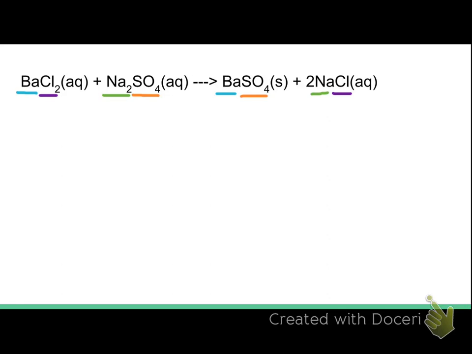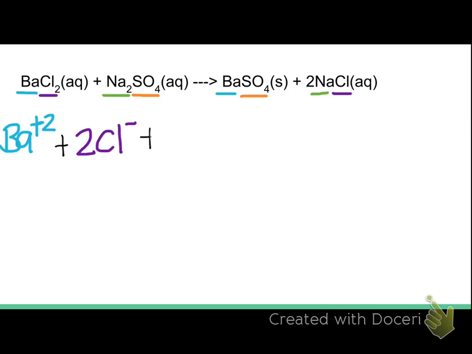So barium is 2 plus, so that's going to be Ba plus 2. I only have one of them, no coefficient in front there. Plus 2Cl minus, that came from our subscript, plus how many sodiums do I have?